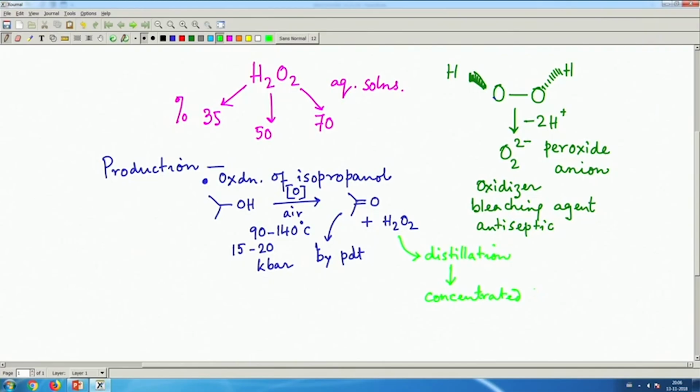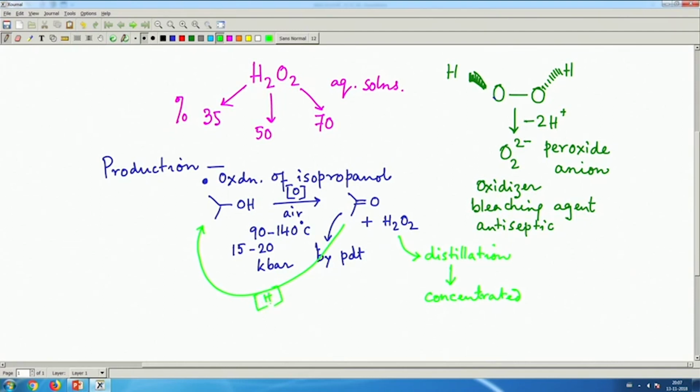So concentrated hydrogen peroxide can be produced from isopropanol, and the acetone which is obtained as byproduct can be recycled back to isopropanol production through simple hydrogenation, through reduction.